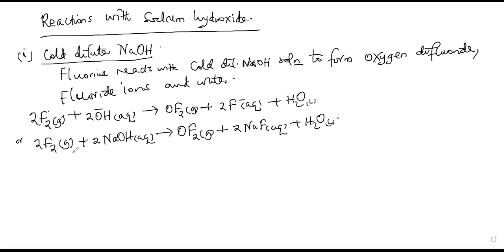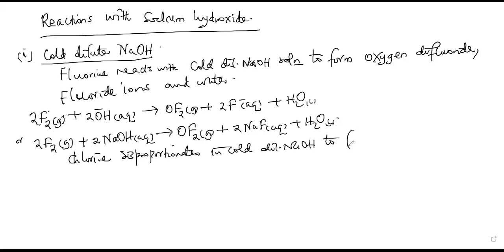Then we go to chlorine. Chlorine disproportionates in cold dilute sodium hydroxide to form chloride ions, chlorate(I) ion, and water.